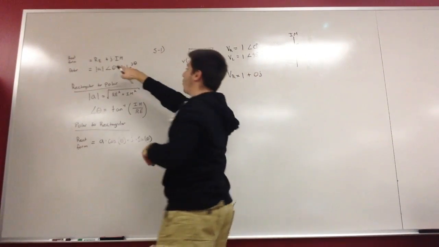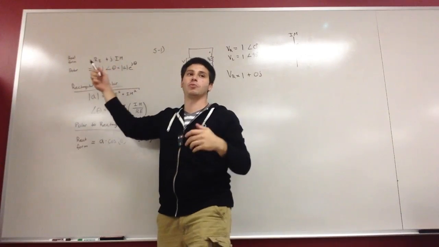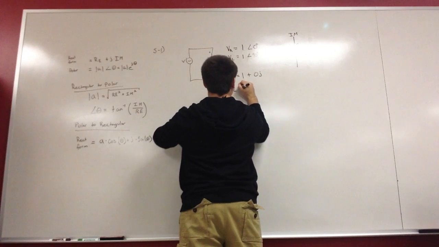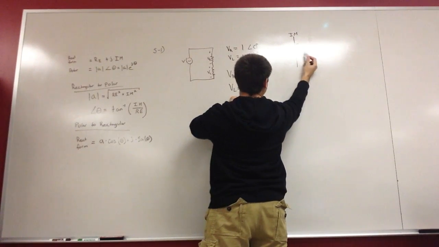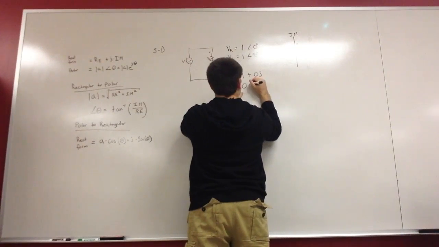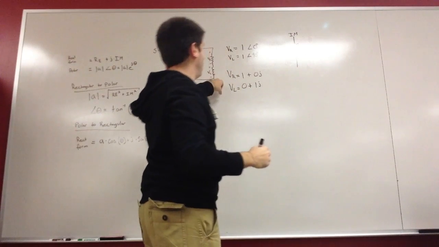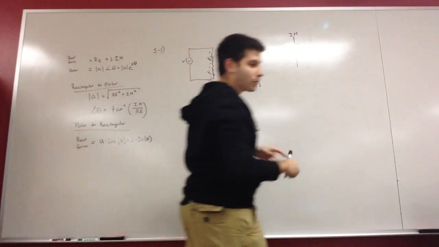Our rectangular form is our real component plus j times our imaginary component. V sub L is going to be equal to 0 since there's no component along the x-axis or the real axis, and we have 1j. So this is going to be the rectangular form for both V sub r and V sub L.